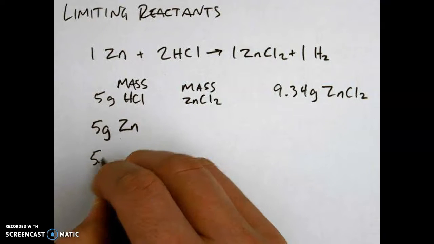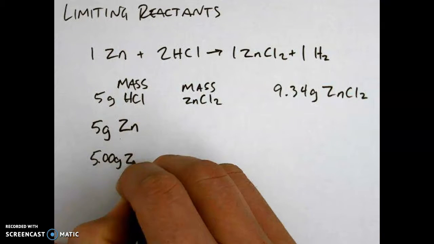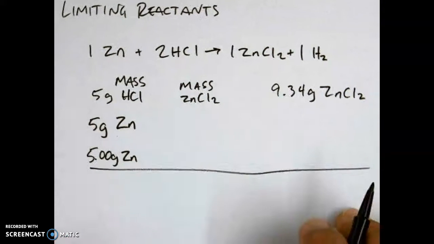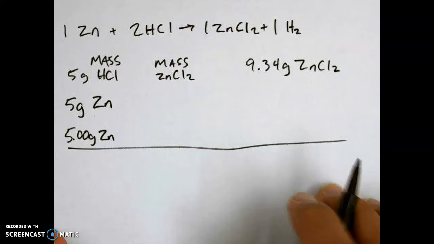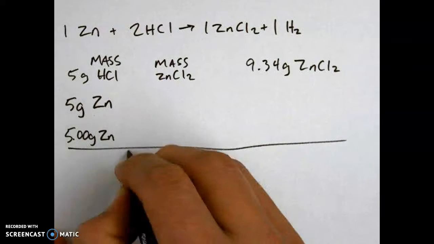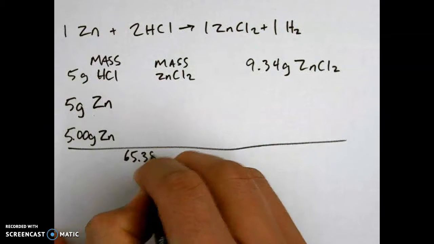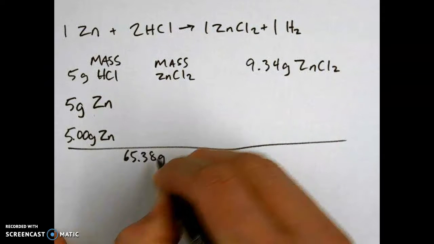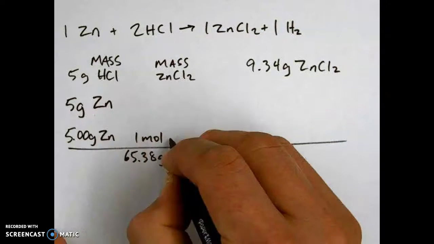So we have 5 grams of zinc. And what's the molecular weight of zinc? Okay, good. That's how many grams per mole of zinc.